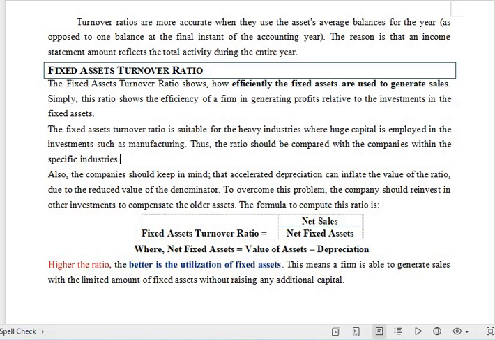Net fixed asset is nothing but the total of permanent asset minus depreciation. Whenever this fixed asset turnover ratio gives a higher ratio, it conveys that the particular business is using its asset in a better way, in an optimized way.